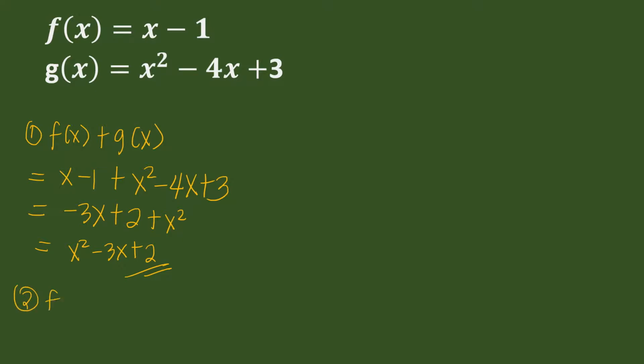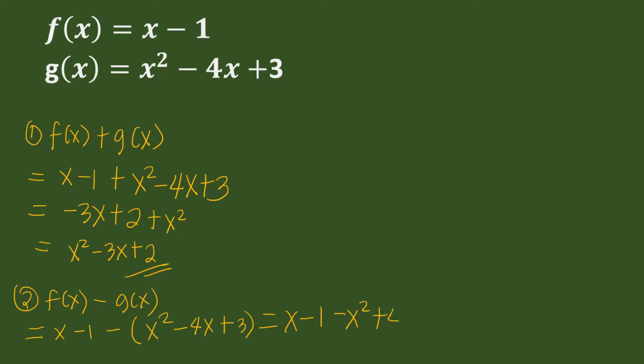Let's say we subtract f of x by g of x, the same. That will be equal to x minus 1 minus, of course, parentheses here, x squared minus 4x plus 3. So that will be equal to x minus 1 minus x squared plus 4x minus 3.